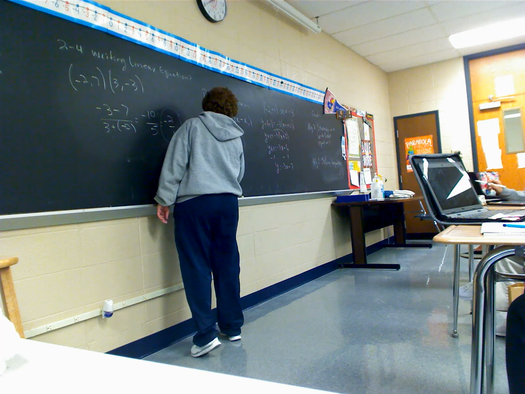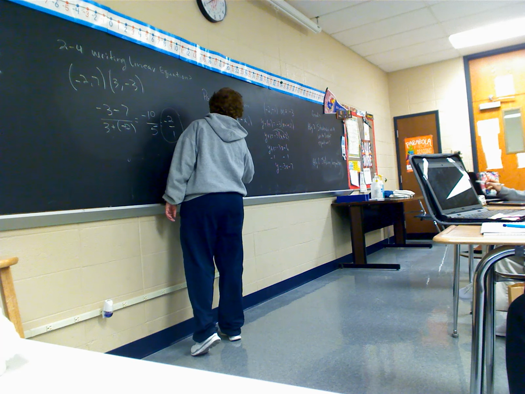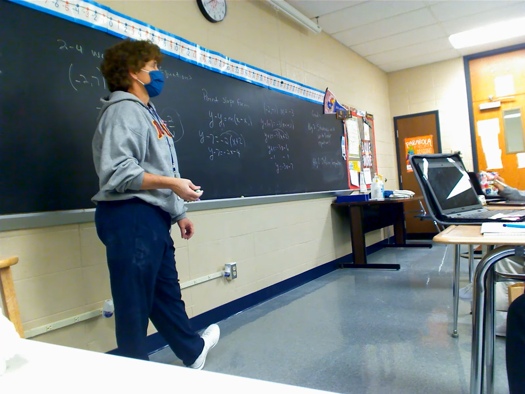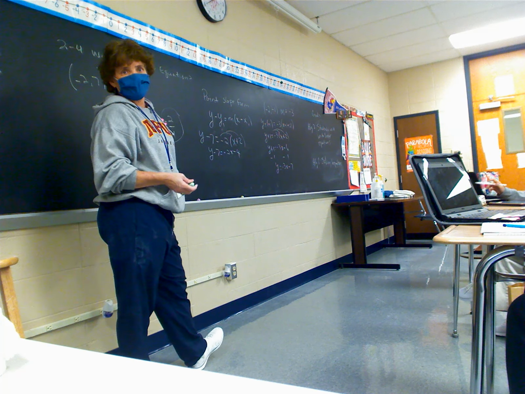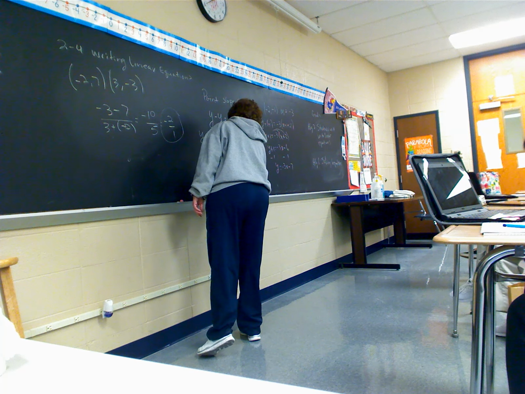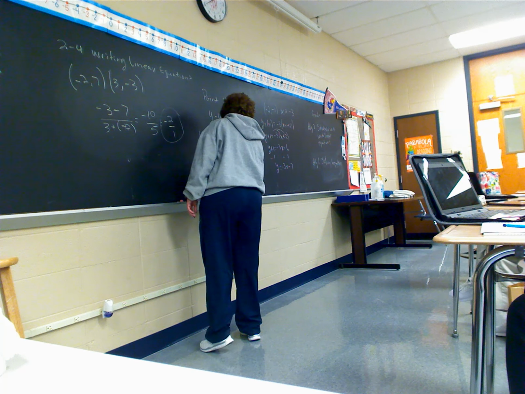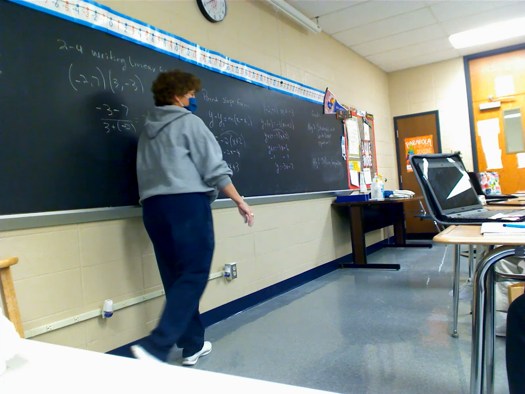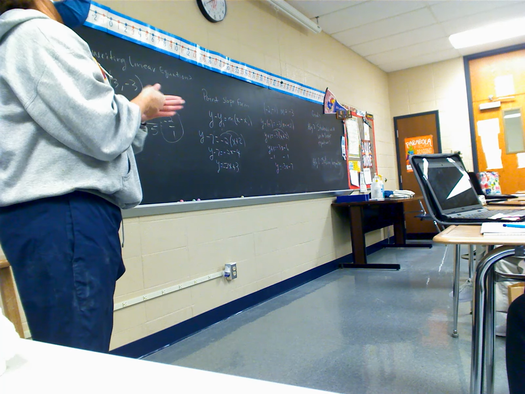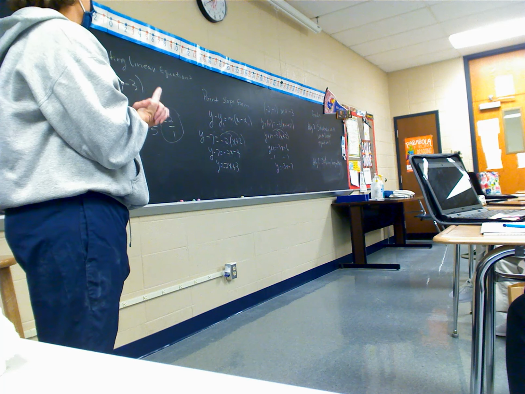I'm going to distribute first, and then I'm going to add 7 to both sides. And we're going to get y equals negative 2x plus 3. So given two ordered pairs, we can write an equation in slope and y-intercept form.